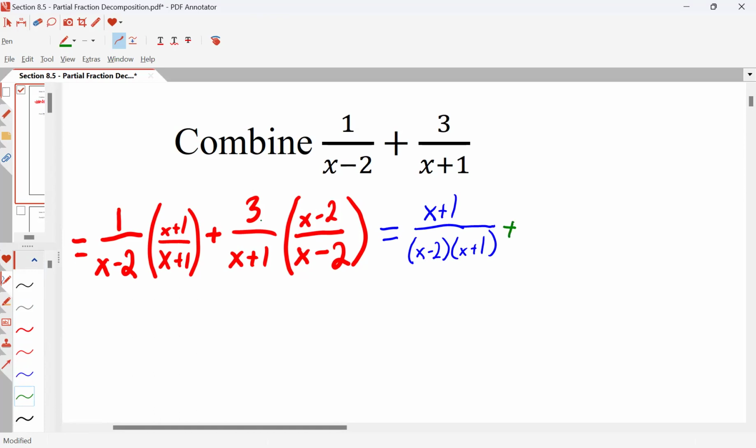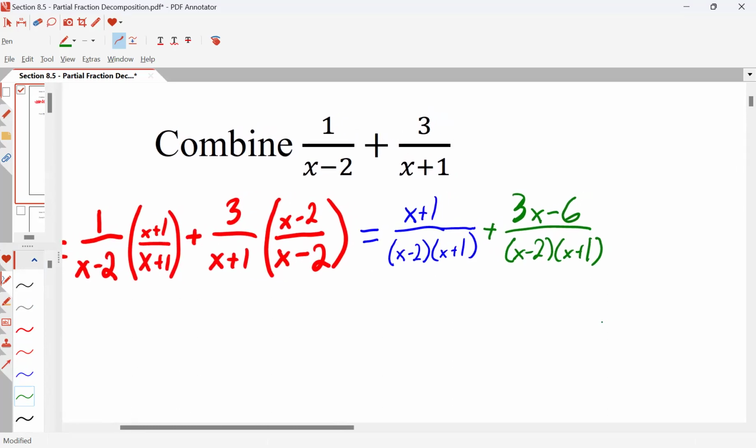Now, 3 times x minus 2 is 3x minus 6, and the denominator is x minus 2 times x plus 1. Now we have two fractions with the same denominator, a common denominator, so we can add those numerators straight across. x plus 3x is 4x, and 1 minus 6 is 5.